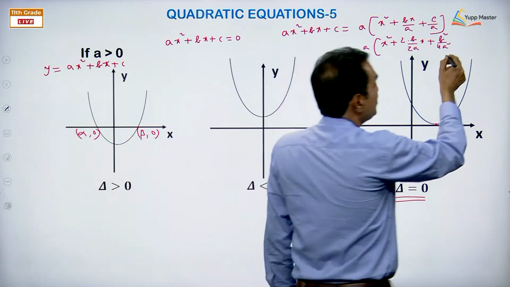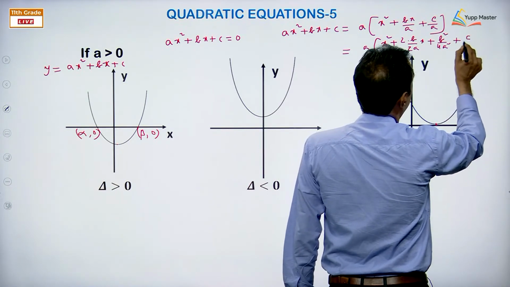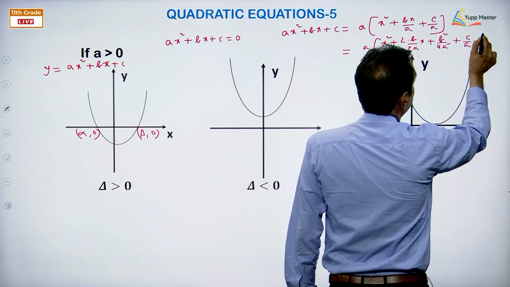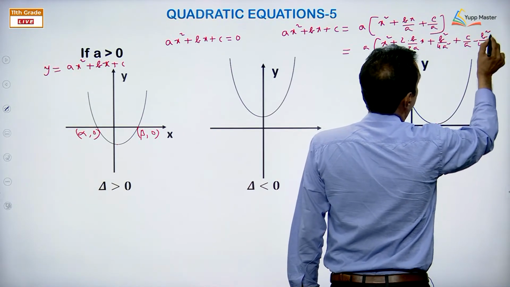We have to subtract b square by 4a square. So, minus plus c by a is there, c by a minus b square by 4a square.